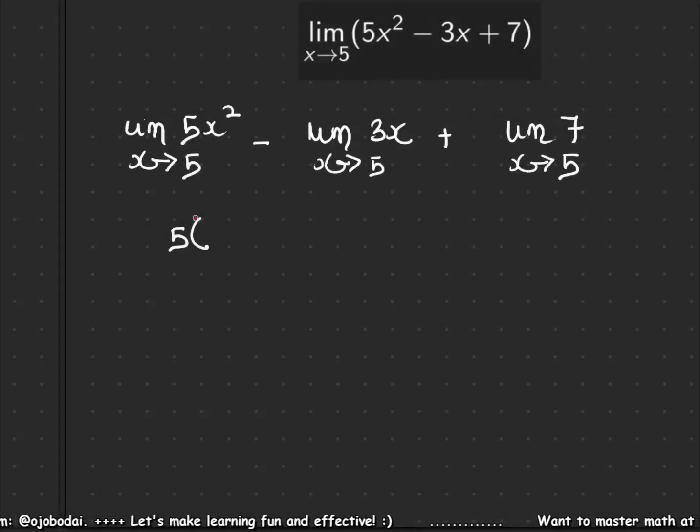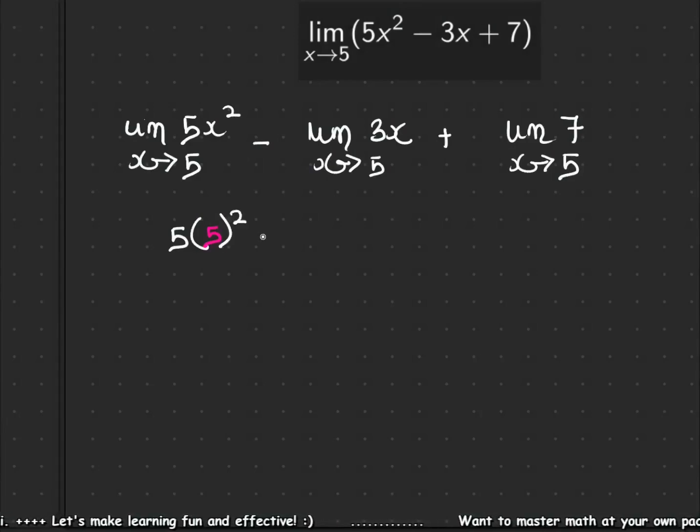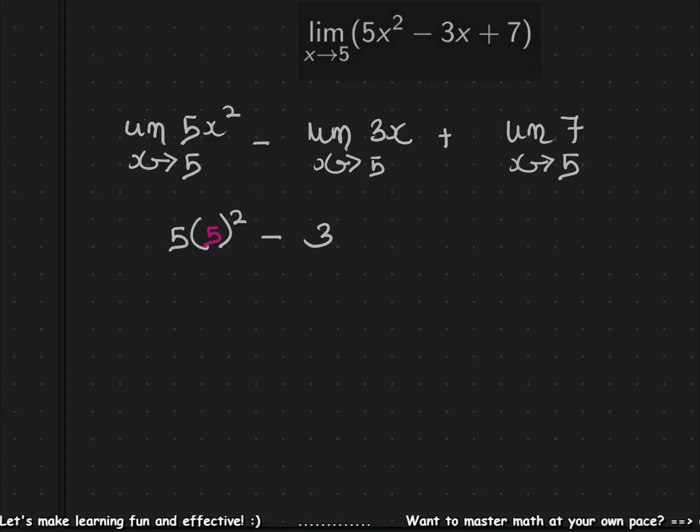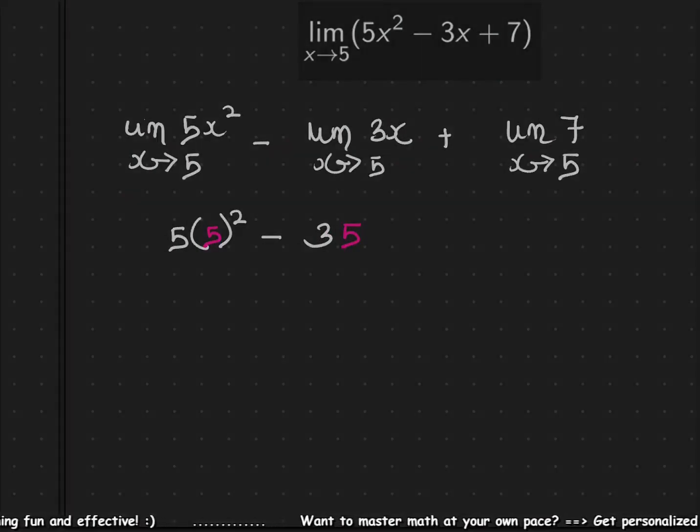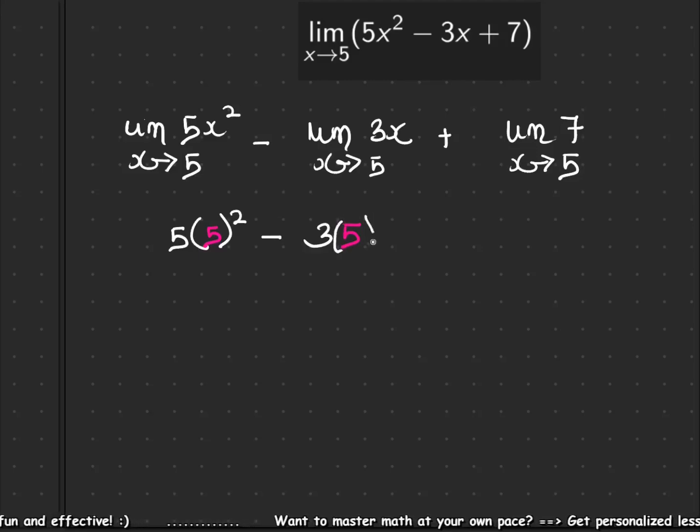Alright, so 5, then we close our bracket, then minus 3 times x. We know our x value to be what? 5, so times 5, and then plus the limit of a constant. We know the limit of a constant gives us what? The same constant, so we have 7.